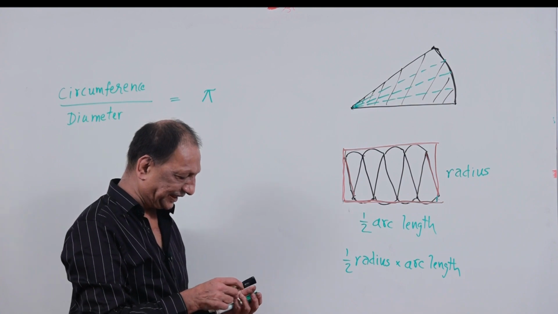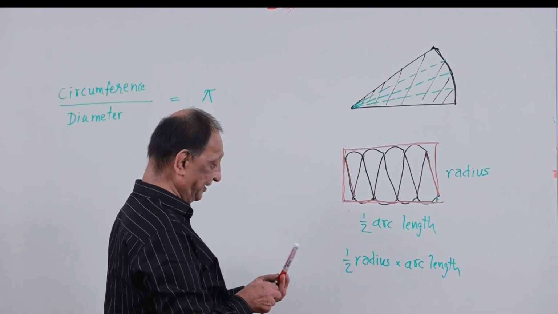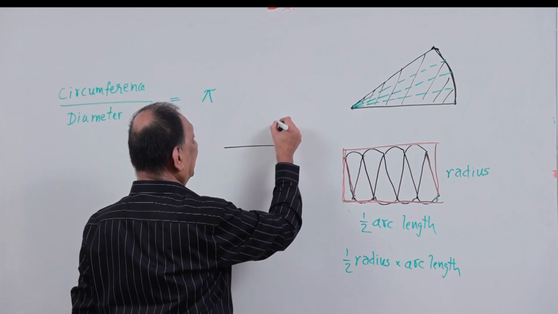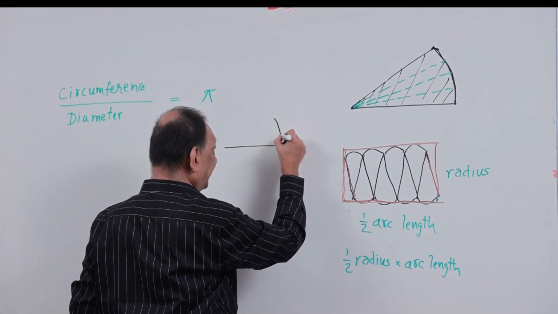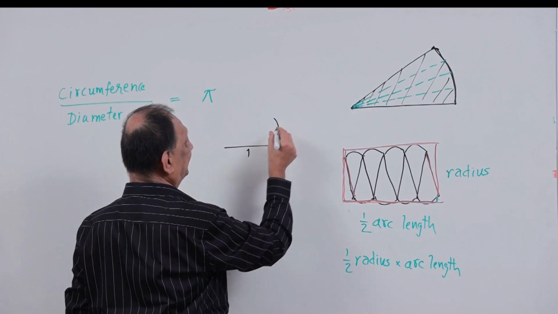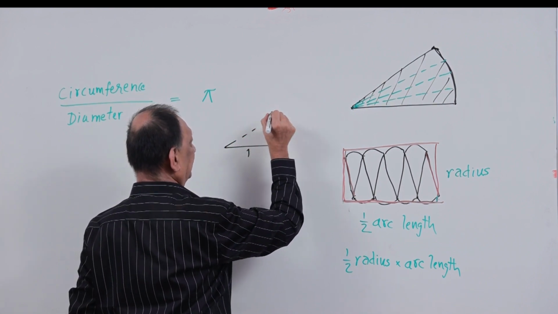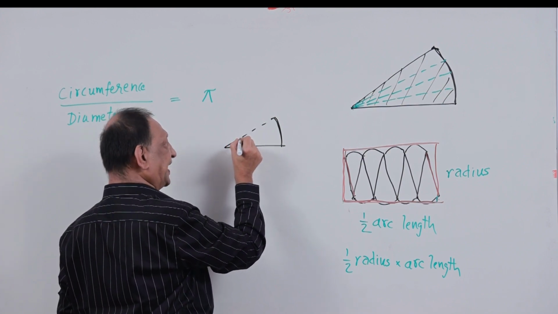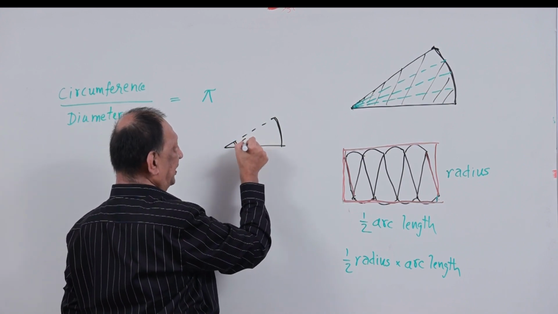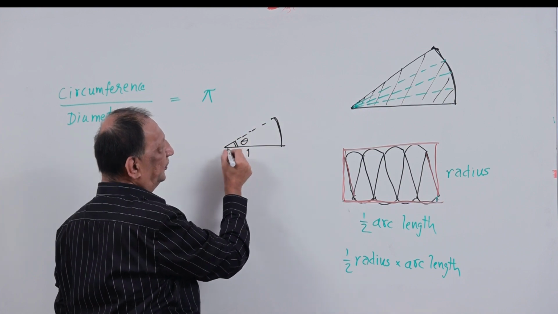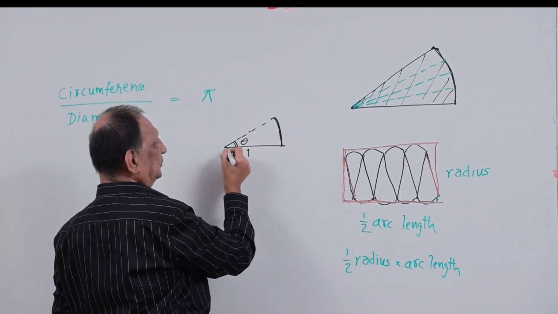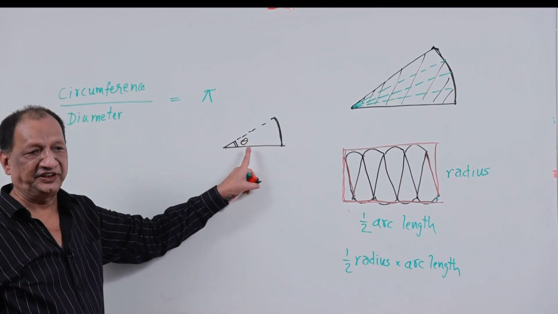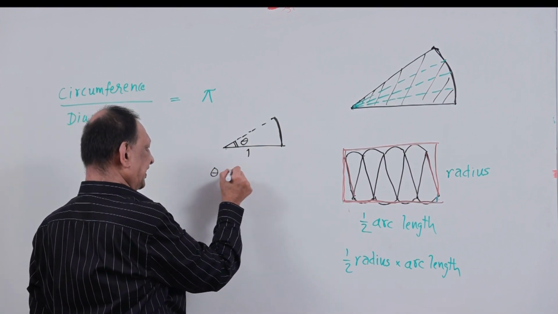But what is the arc length itself? If you look at it as an angle, remember, arc length of a unit radius circle is itself defined as the angle. No? Angle, I will call it theta. Theta is the arc length of a circle of unit radius. That is defined as theta, called radians.